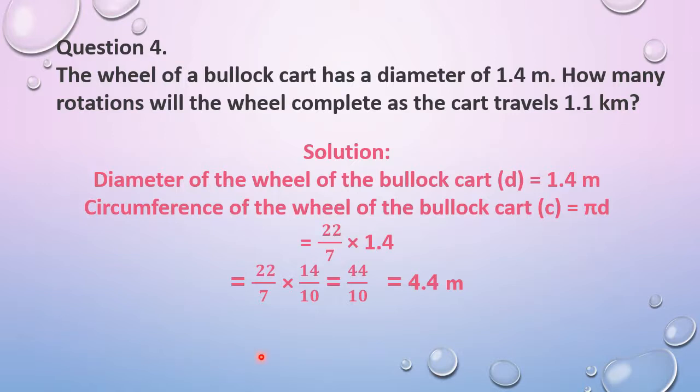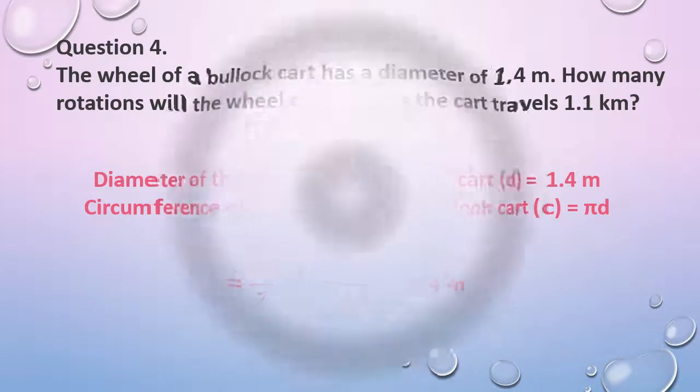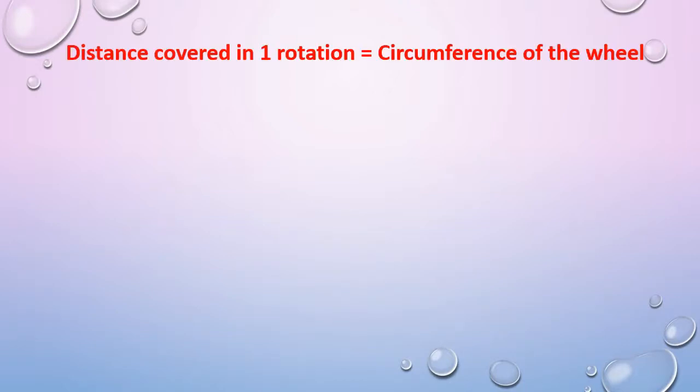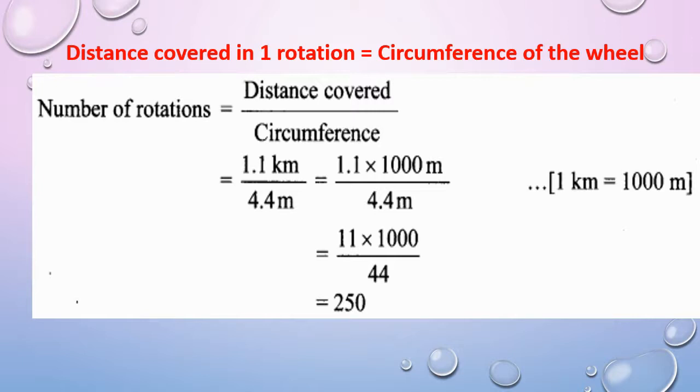Distance covered in one rotation is equal to circumference of the wheel. So number of rotation is equal to distance covered upon circumference.